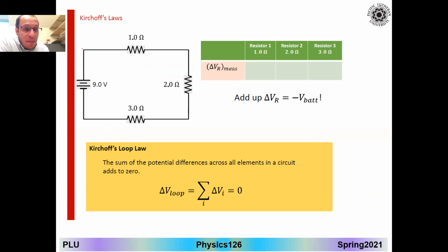The way to apply it, make sure your path of the current goes like this: I start at this point here, go this way, go back here, and down here, then go here. I close my mesh or my loop. So I have to apply the Kirchhoff law in the closed loop.